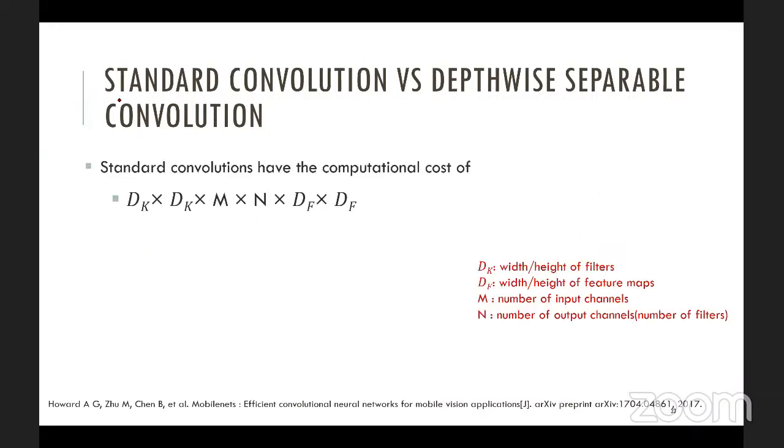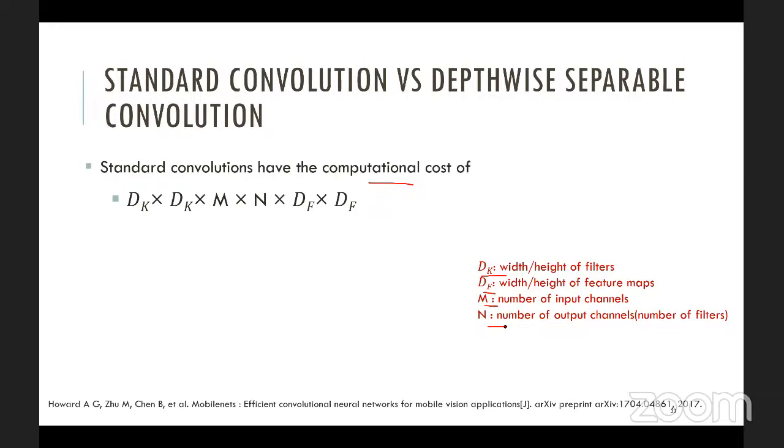So let us say when we talk about the standard convolution, what is the computational cost? See here, now let us say dk is the size of the filter and df is the size of the feature map, right? And m is the number of input channels, n is the number of output channels. Now what happens here?